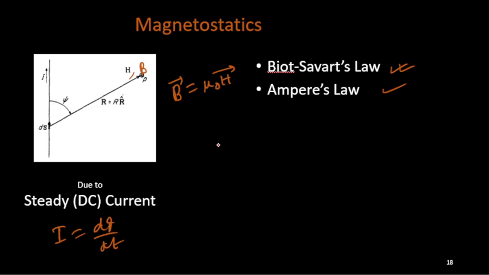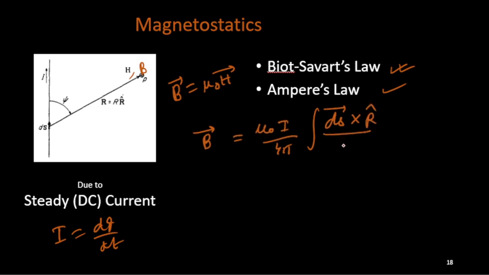So this B field, according to Biot-Savart law, we can write as mu naught into the current I upon 4 pi, and then you need to take, if this is a ds vector, this ds vector cross this r vector, or I can consider the r unit vector, and upon r square. So this is the magnetic field due to this current element I ds. Okay, this is Biot-Savart law.